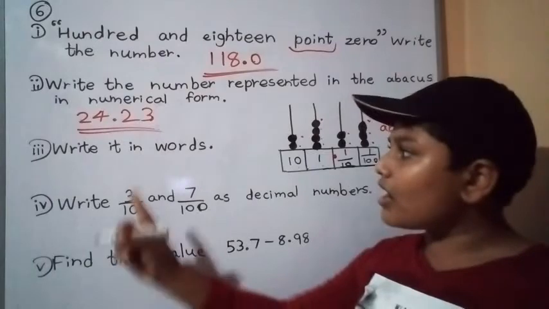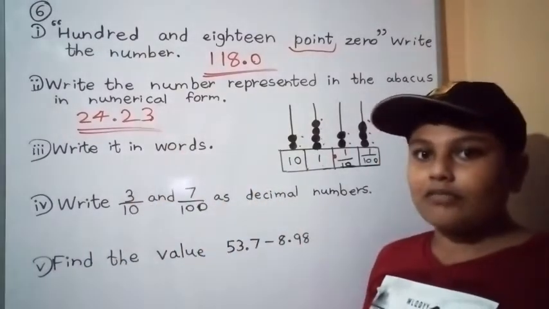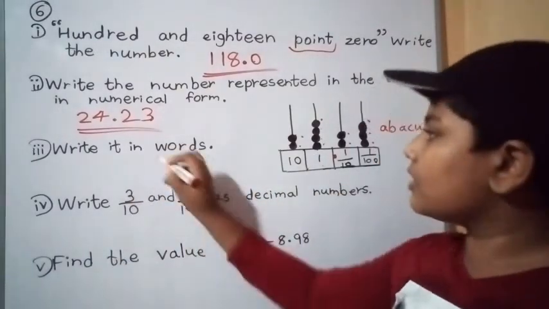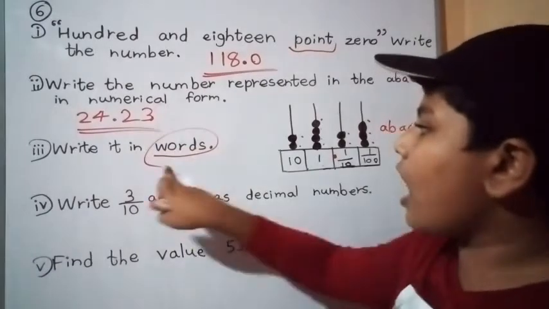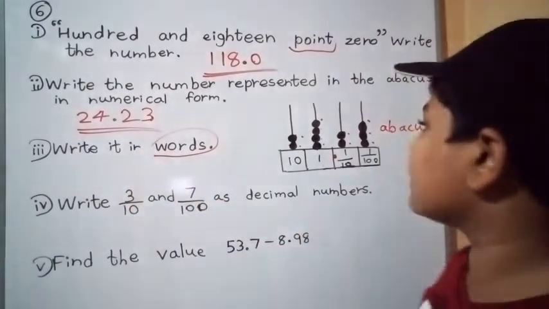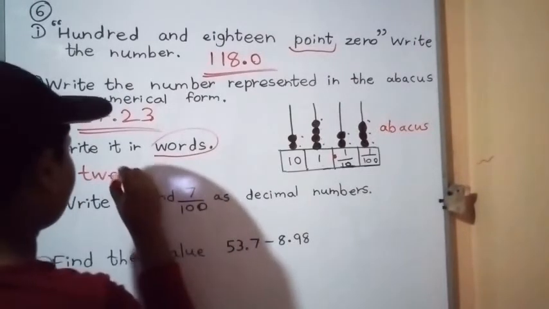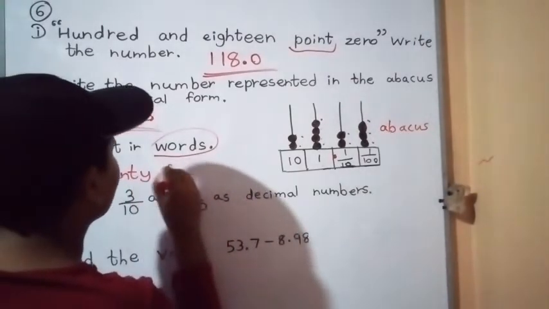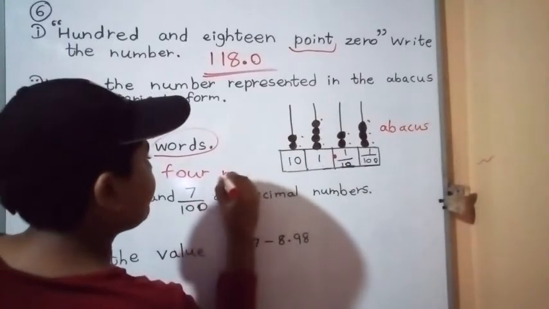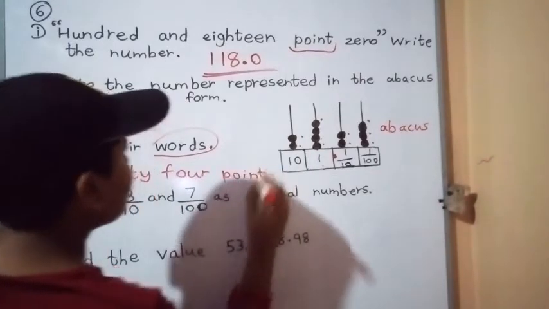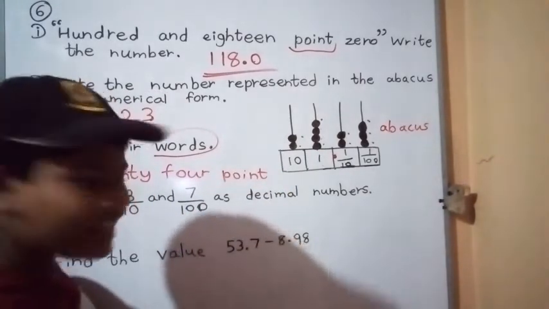In the third one, write it in words. How can I write it in words? Now you can write 24, 24 point what? 24.23.